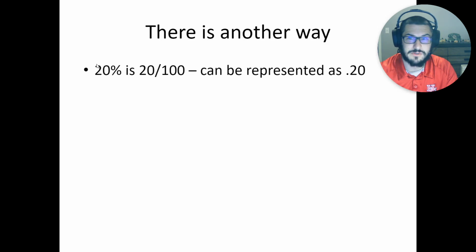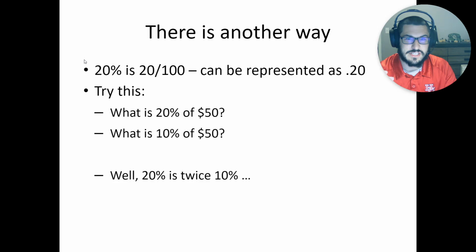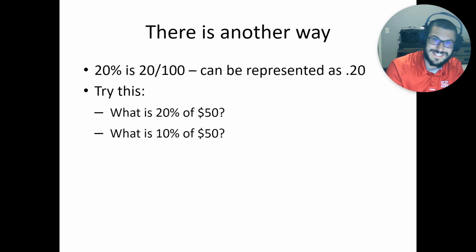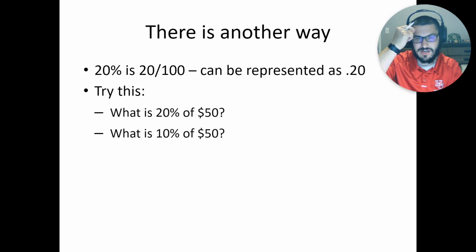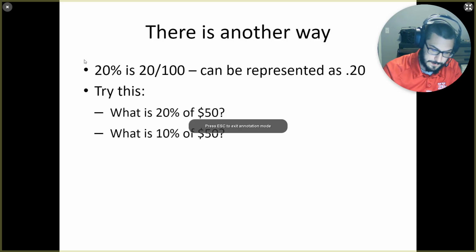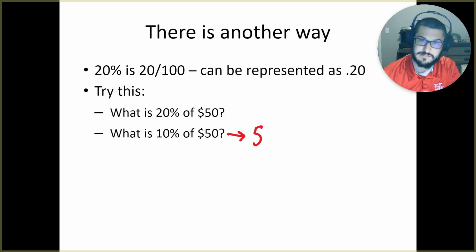Here's another way. So same situation, but we can think about this as what is 10% of 50? This is actually how I do tips. So if I want to do a 20% tip, then I think what's 10% of 50? Well, that is $5.